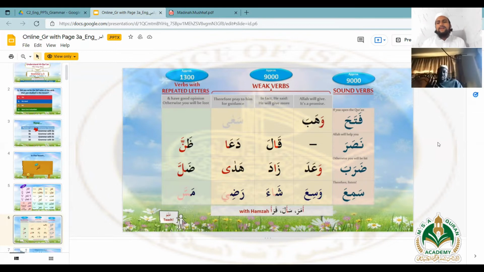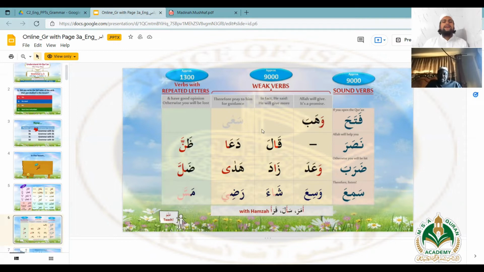One by one. Fataha, nasara, daraba, sami'a. And these are the verbs in front of every pattern. So it shows you how many verbs you have in your basket, how many verbs you have here to learn.